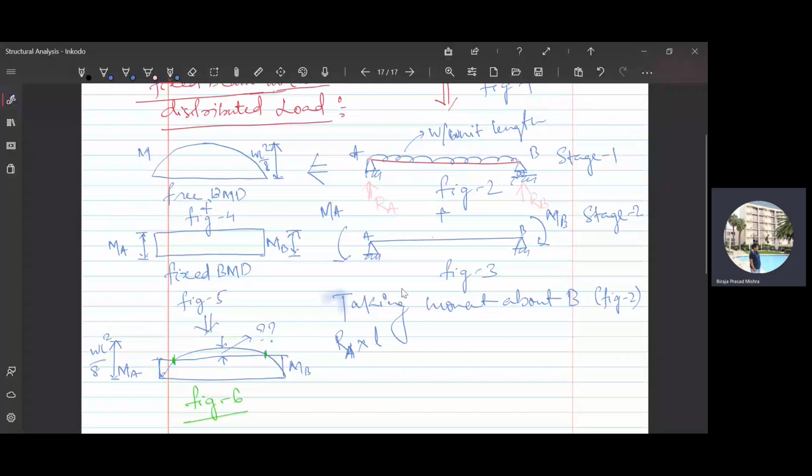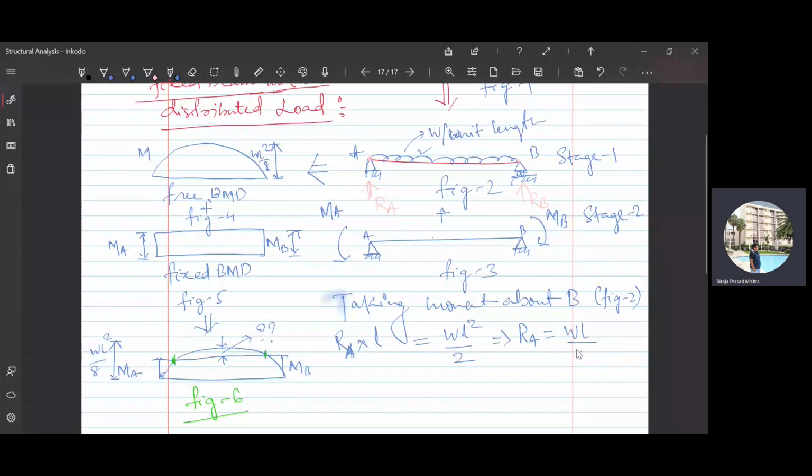What is the value of moment due to the dead load? It is W L square by 2. Okay. So RA into L minus W L square by 2 equals to 0, or I can directly write RA into L equals to WL square by 2. So from this, I will get RA will be how much?